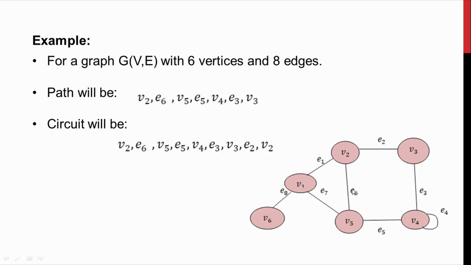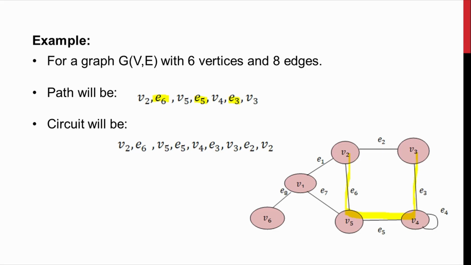From V2 to V5 we have one edge, E6, so V2, E6, V5. Then we have E5 to E4, so V5, E5, E4, then via E3 to V3. So the path is like this, from this to this, and all the edges in this path are also included.